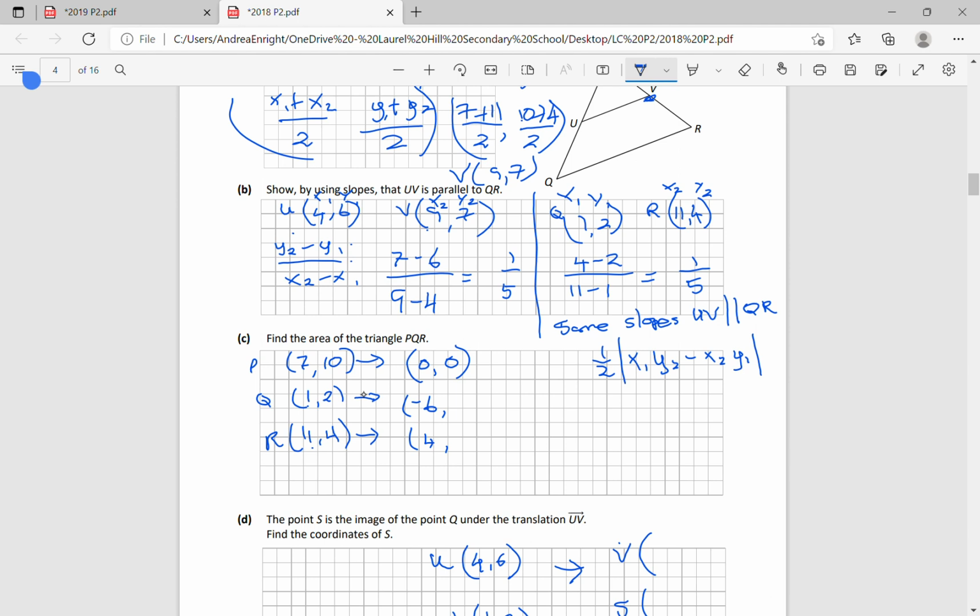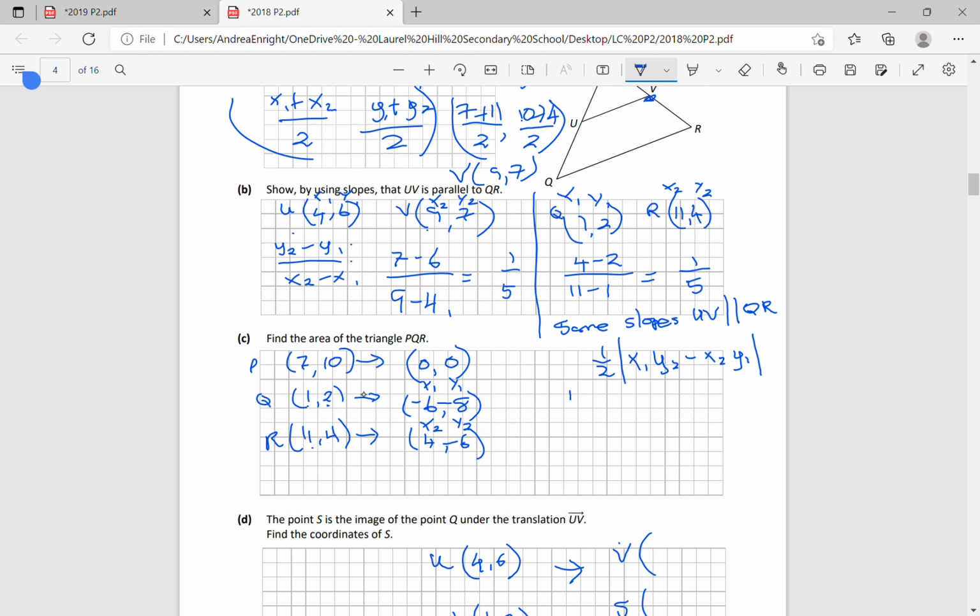Okay, then the y goes from 10 to 0. That's take away 10. So 2 take away 10 is minus 8. And 11, that's 4 take away 10 is minus 6. So then ignore the 0, 0. You call this one x1, y1, x2, y2. And you fill in.